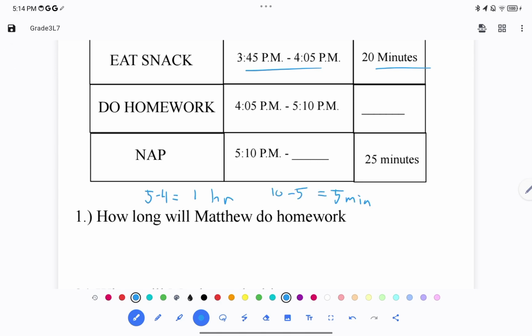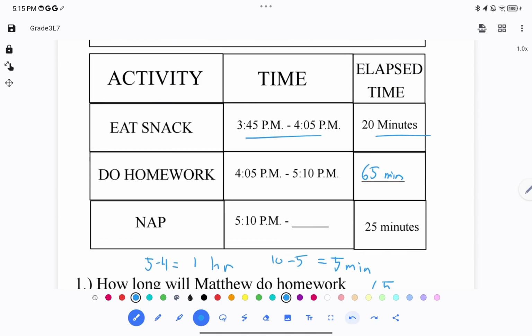So 1 hour is 60 minutes, so it's 65 minutes in total. That's the amount of time it takes to do homework. Basically you subtract the hours separately and the minutes separately.